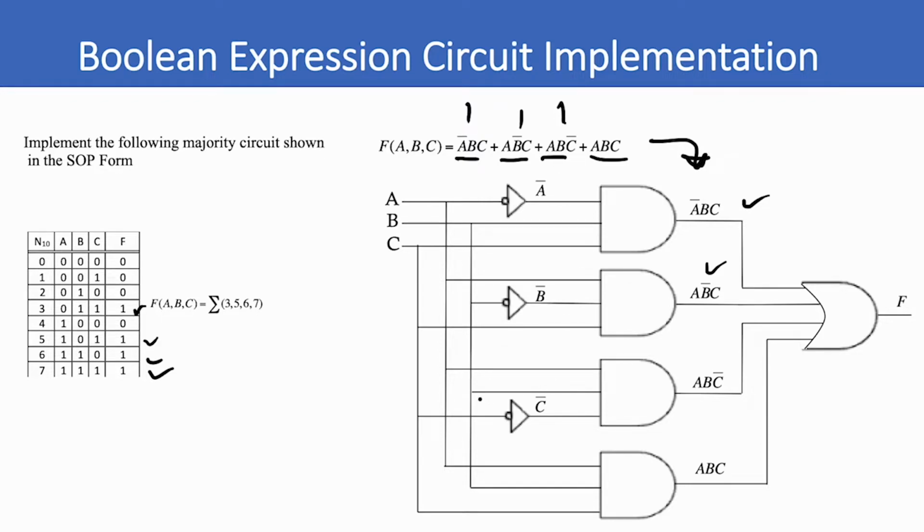We have A, B, and then C bar. And the final term, A B C, all non-inverted input variables, so the output is A B C.